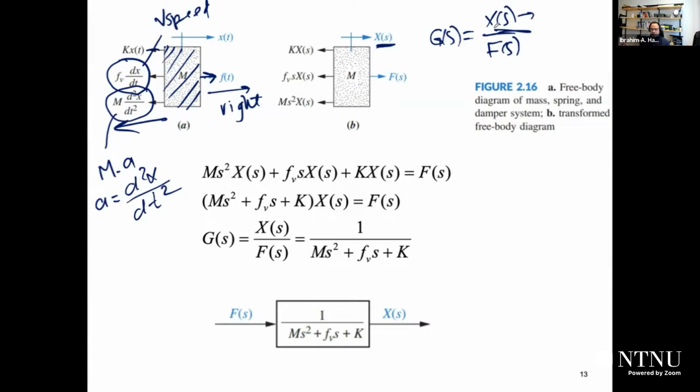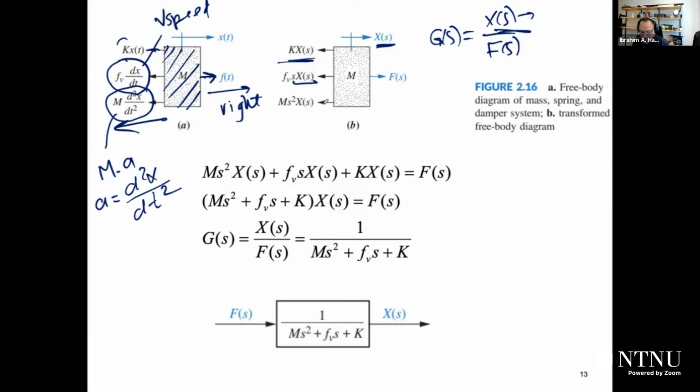So what we will do, we'll just imagine that m will move to the right-hand side. When it moves to the right side, what will happen? There will be some forces generated. The spring will generate a force equal to k multiplied by x of s in the s domain. The damper will generate a force which is proportional to the speed, so it will be fv multiplied by s x of s. s x of s means dx by dt, which is the speed.